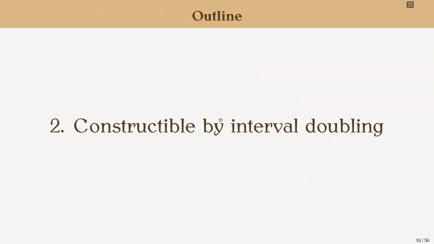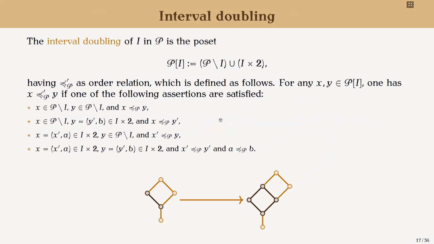We also say that it is a congruence uniform lattice, a lattice which is constructed by interval doubling. It's the same thing. And first, I need to explain what an interval doubling is. This is an operation on posets, not necessarily a lattice. You can do this in a poset.